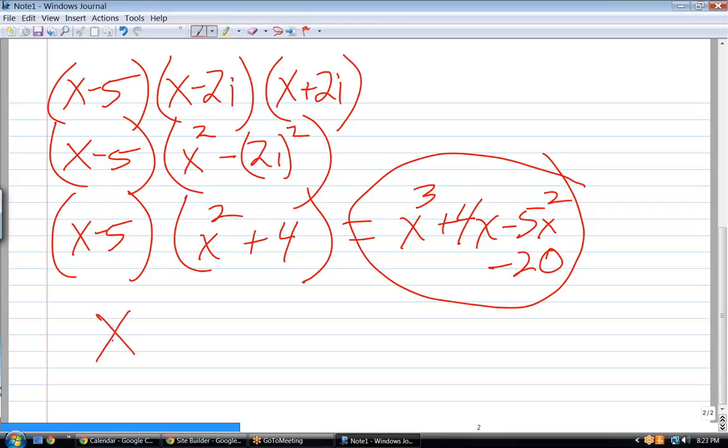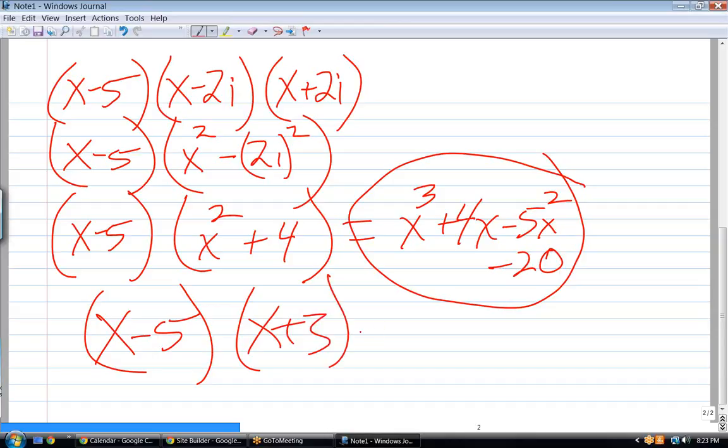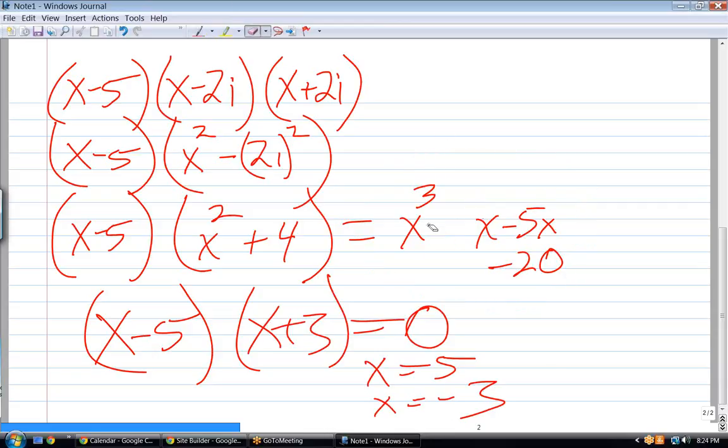Usually we get down to something like x minus 5 times x plus 3 equals 0. Well, that means the solutions are x equals 5 or x equals minus 3. We're just going backwards. We're going in reverse when they give you the solutions first. Even though they only gave you 2 solutions, they really gave you 3 solutions.